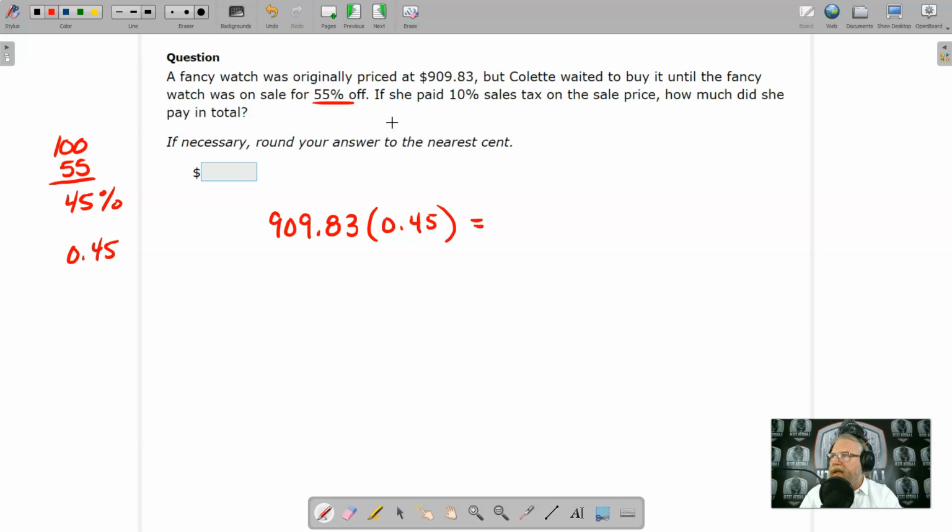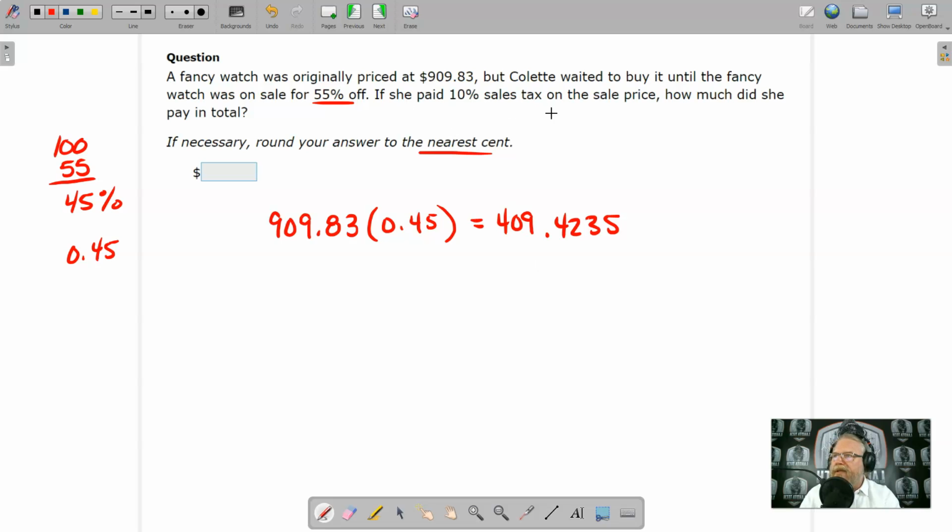This is going to give me the discounted price of the watch. 909.83 times 0.45 gives me a product of 409.4235. Even though we're talking about money, I'm going to keep all these values here because they might eventually affect the final answer. At the end, I will round to the nearest cent.